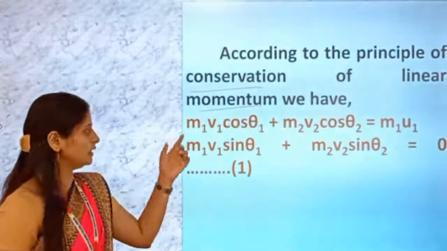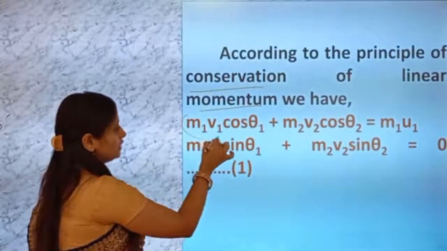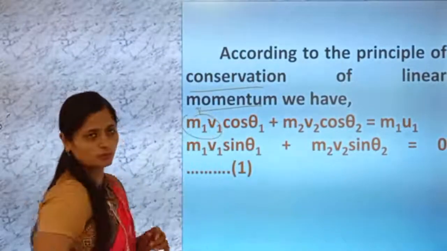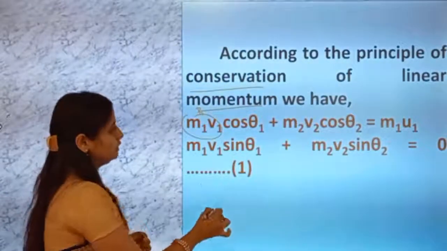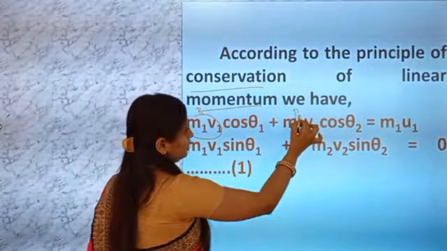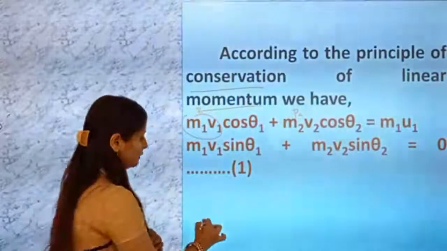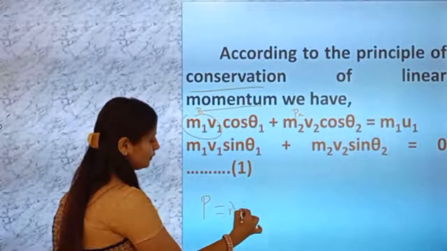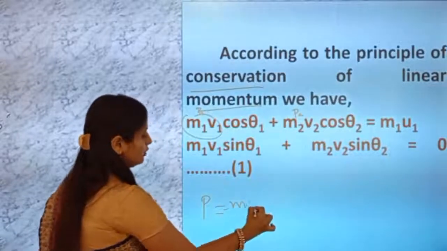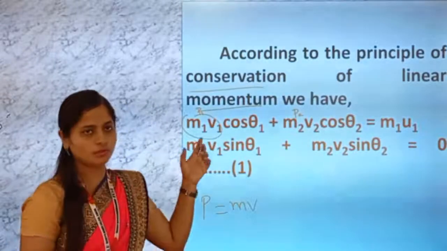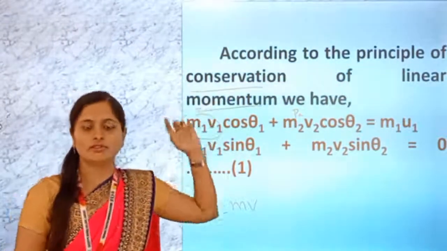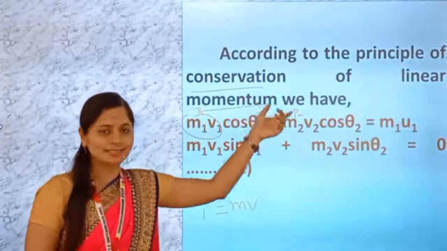Here this is nothing but our momentum, that is for p1 and that is for p2. Already we know that momentum is mass into velocity. So applying the law of conservation of linear momentum, we get this equation.